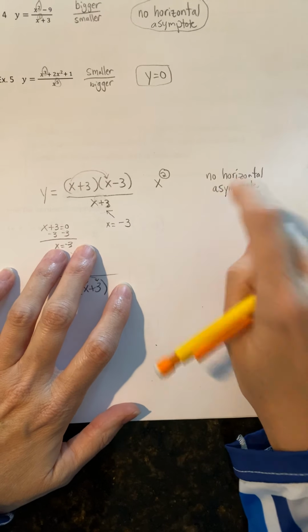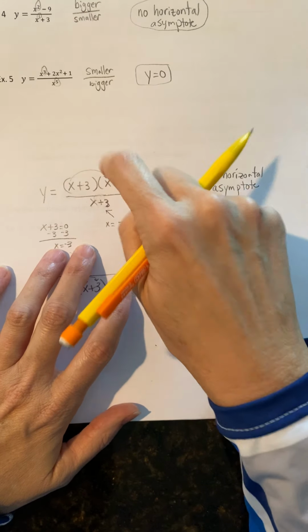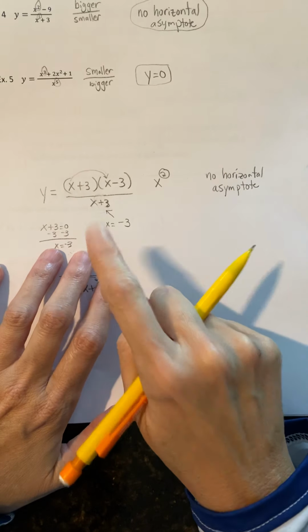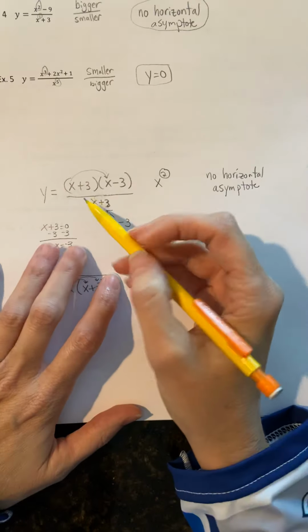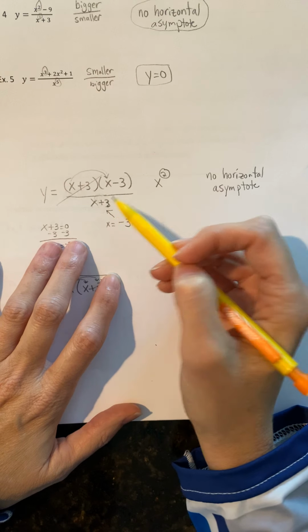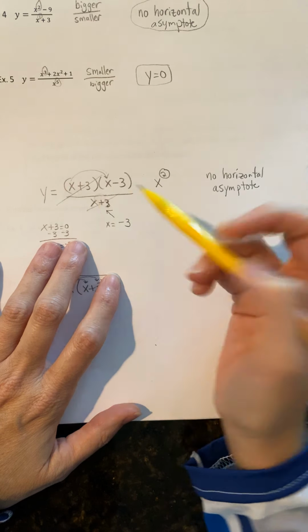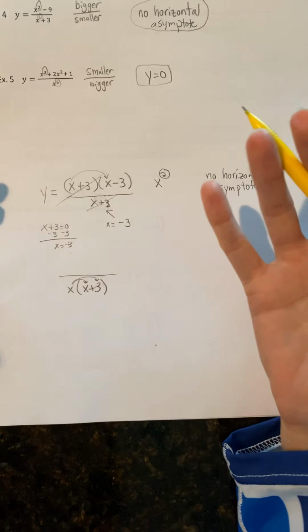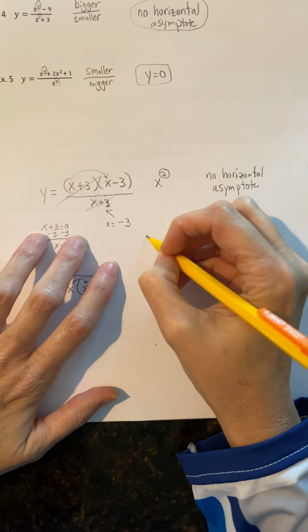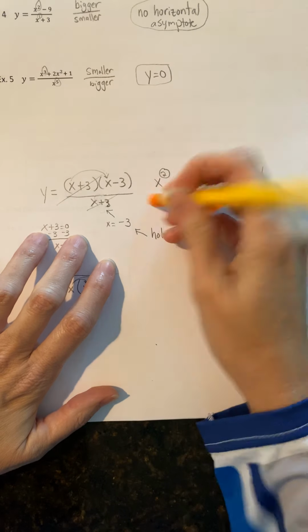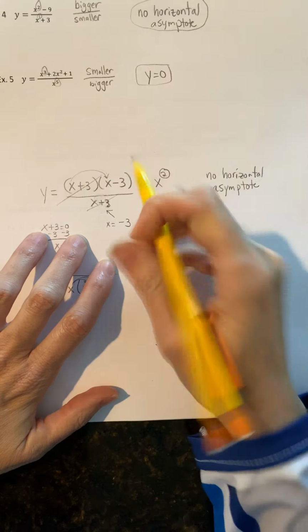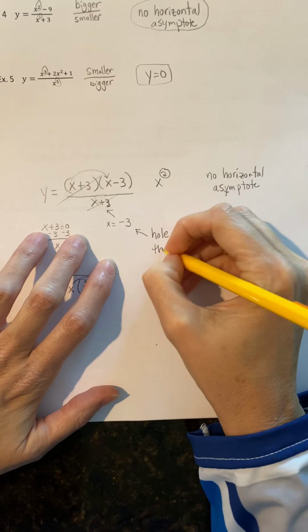There is no horizontal asymptote to this because the top degree is bigger than the bottom degree. But there is some kind of point of discontinuity at -3. And since the x plus 3 cancels with the x plus 3, then we know what's happening there. There's a hole in this graph. So there is a hole at x equals -3 at this point.